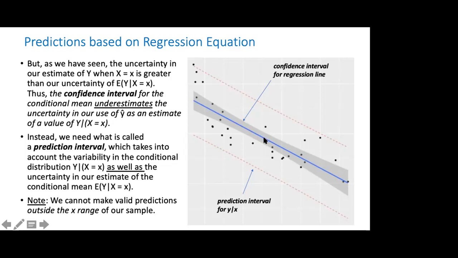The other is how much the actual outcome values deviate from the true regression line. These 2 components determine how variable our predictions are, or how good and useful our predictions based on the regression equation are.